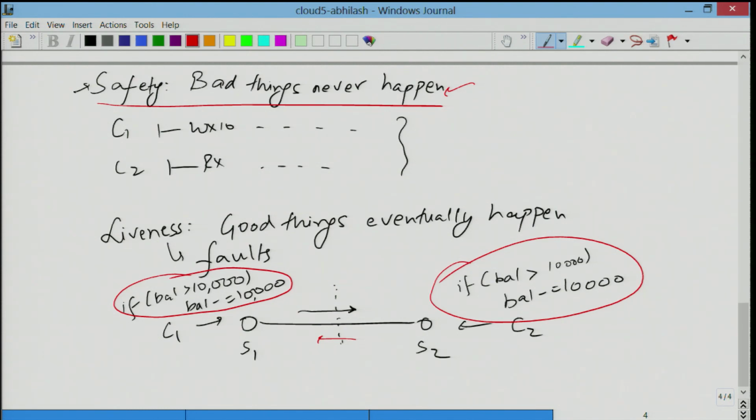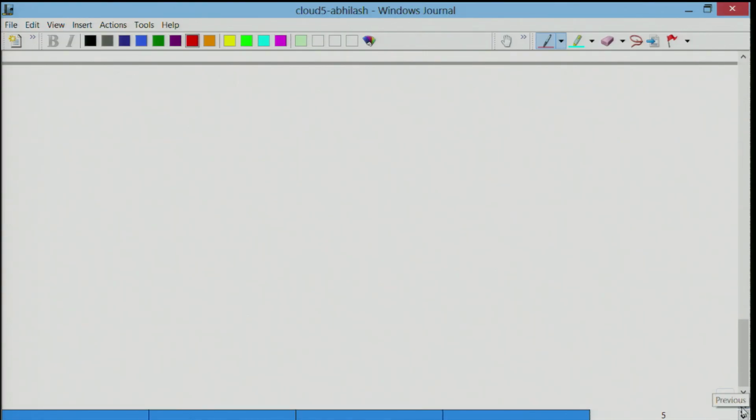So basically automated fault tolerance was assumed to be not possible for a long time. But the big idea that actually came out, and this is not an idea that came out with Raft, Raft is a more recent paper, but this idea came out in the 80s, right, and won a Turing Award.